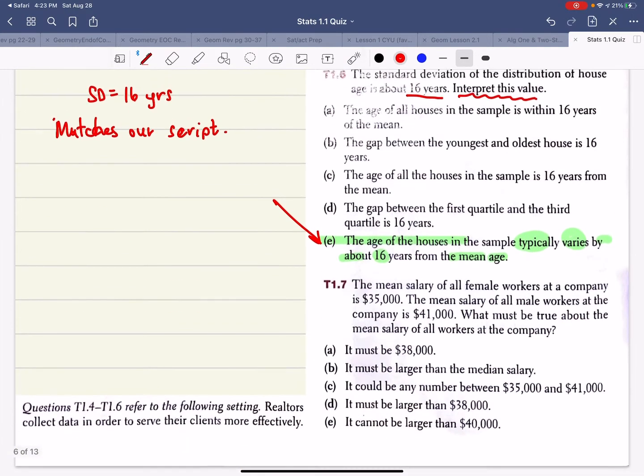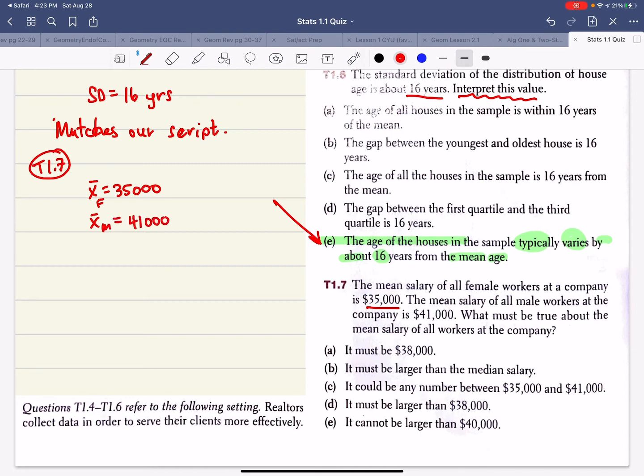All right, 17, or 1.7. The mean salary of all female workers at a company is $35,000. The mean salary of all male workers is $41,000. What must be true about the mean salary of all workers?